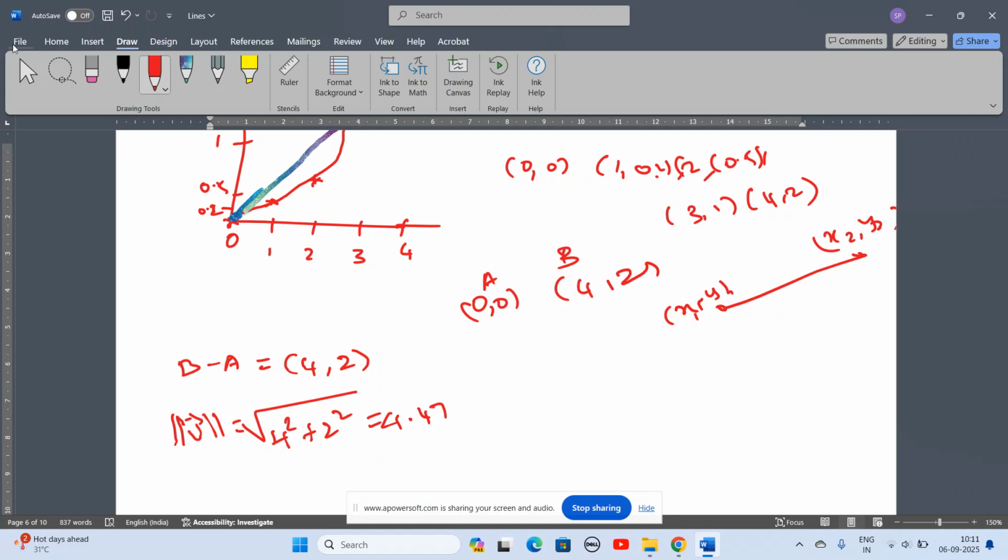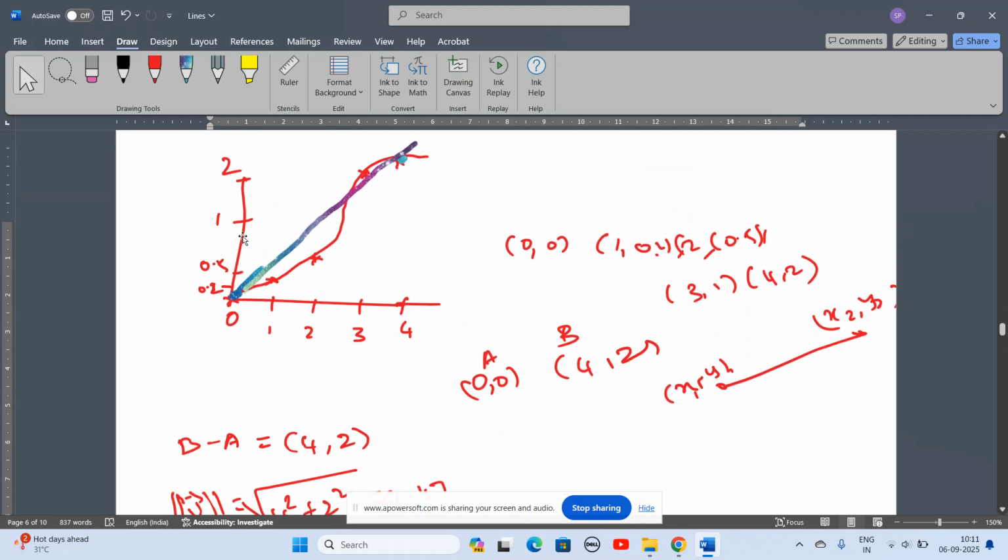Next, we need to identify the intermediate points: the distance of the point 1 comma 0.2 to this line, 2 comma 0.5 to this line, and 3 comma 2 to this line. I am going to find the distance between these points and the line. There is a formula for calculating the distance.